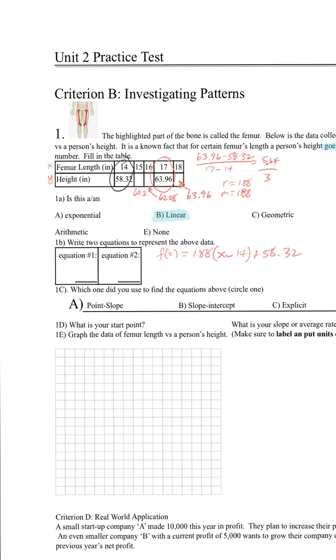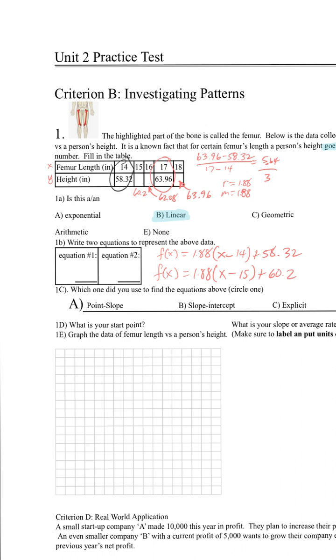Another equation we can write is f of x equals 1.88 times x minus 15, plus 60.2. You can use any of these points to write the other equation: 15, 16, 17, or 18. So we're going to use 15. That's the other equation.